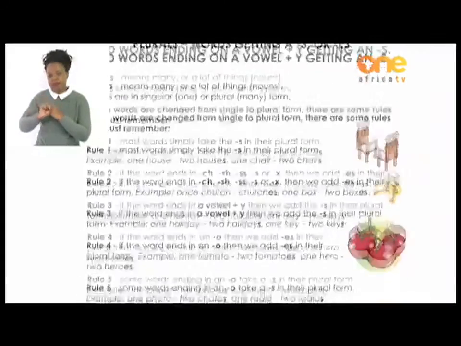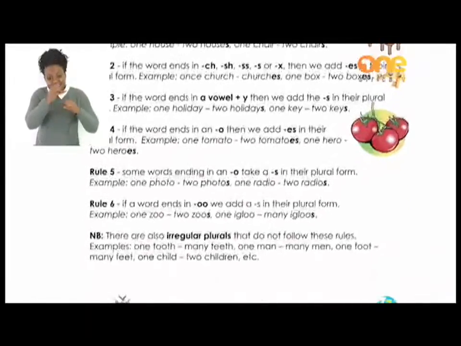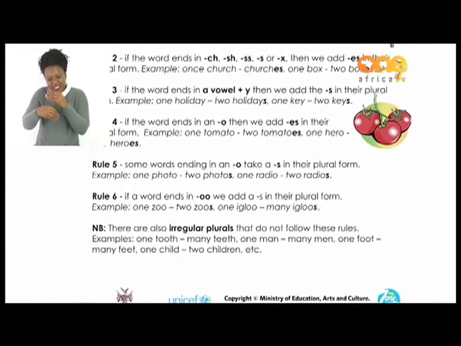Let's look at the examples. Church ends with CH. When there are many churches, ES is added to the noun church. One box ends with X, we add ES for it to become boxes.